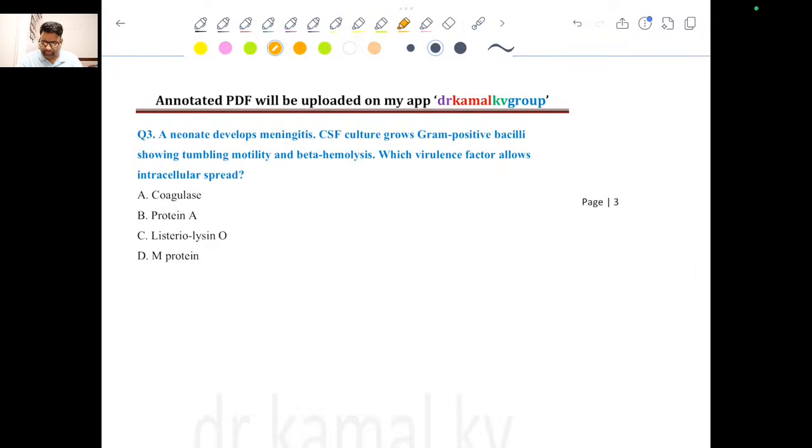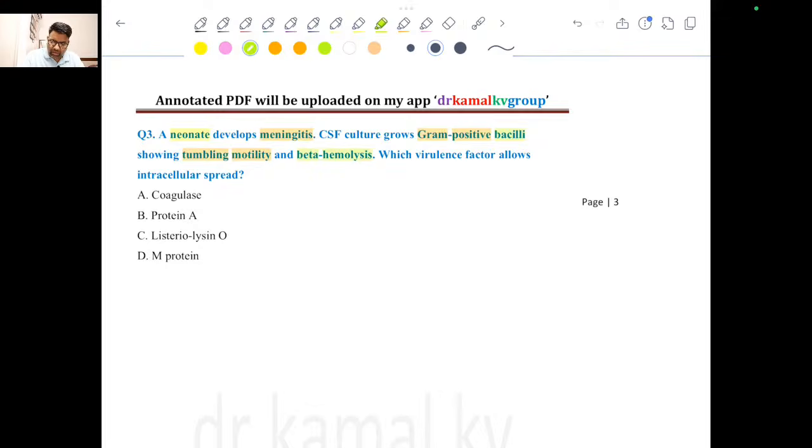Now, here the question is about a neonate who is having meningitis, right. So, a neonate having meningitis, then the CSF culture is showing gram positive bacilli, which is showing tumbling motility and beta hemolysis. Okay.